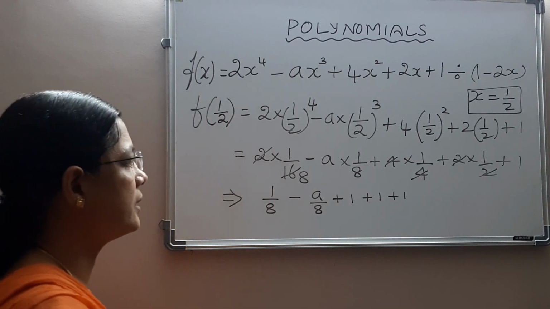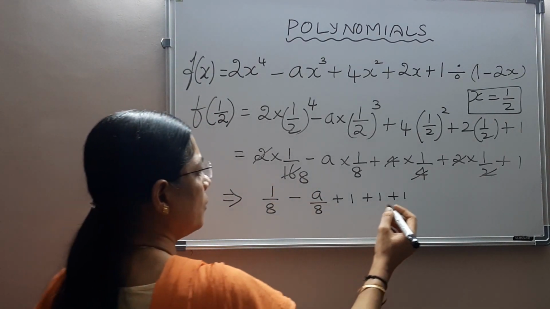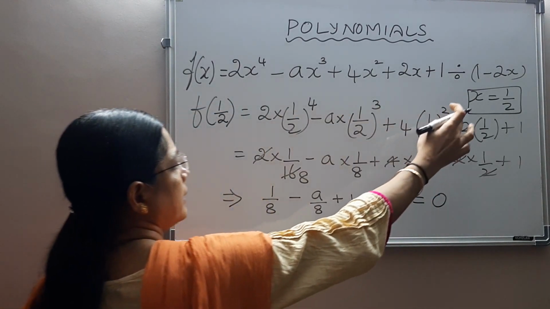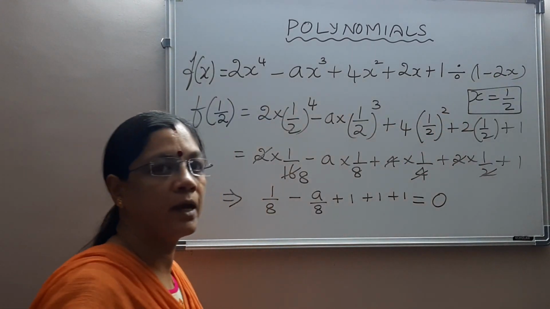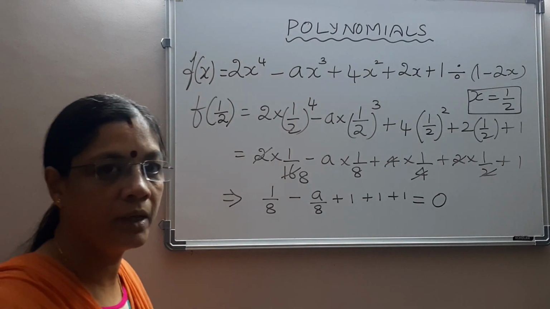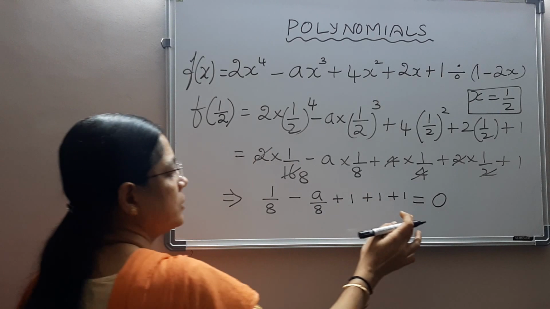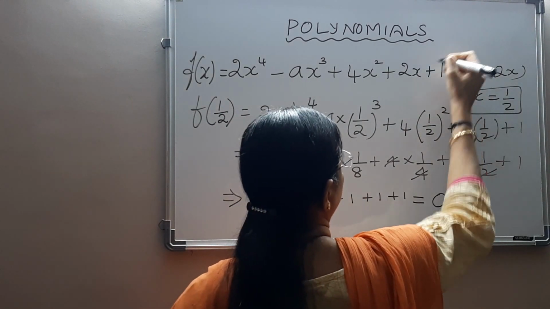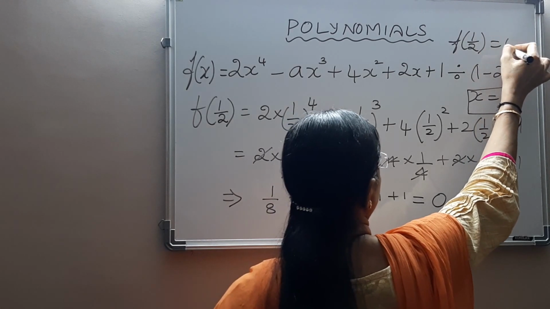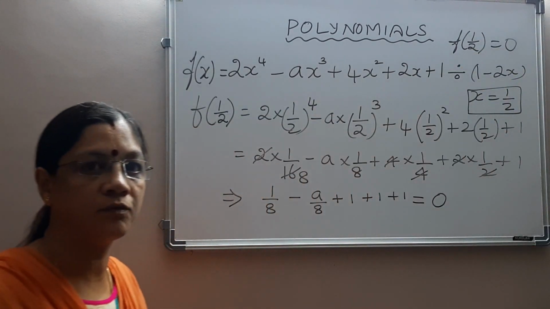Okay, you understand this? Now this is equated to 0 because 1 minus 2x is exactly a perfect factor of this polynomial. Therefore f of 1 by 2 is equal to 0. Now we will write it here. f of 1 by 2 is 0. That is given because it is given that it is divisible.